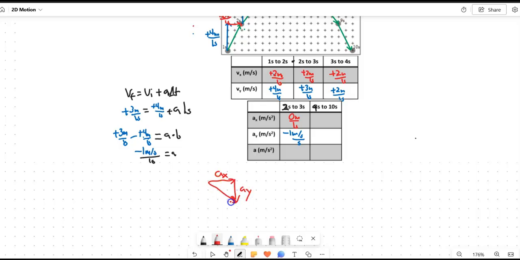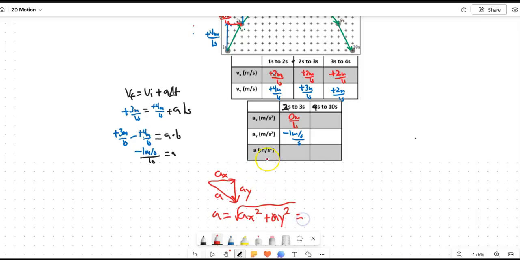Well, the overall acceleration vector is what they're asking for. So to do that, you do c squared equals a squared plus b squared, or in other words, ax squared plus ay squared, square root it.